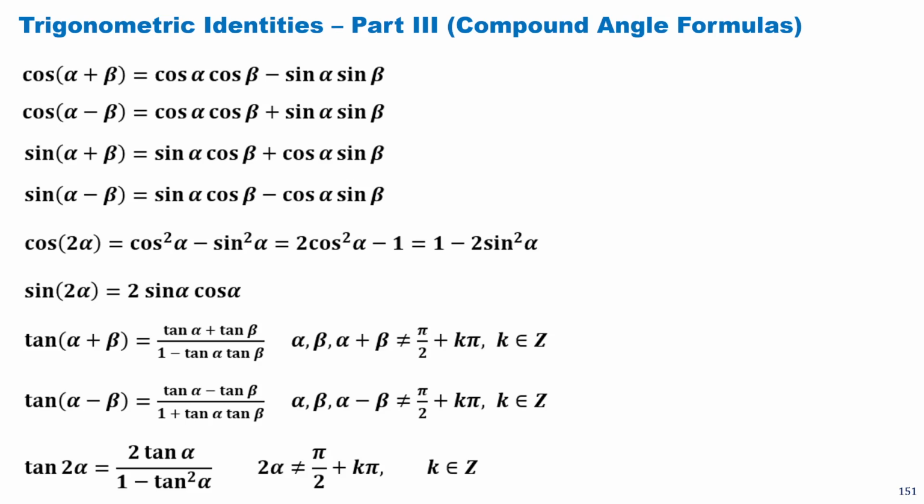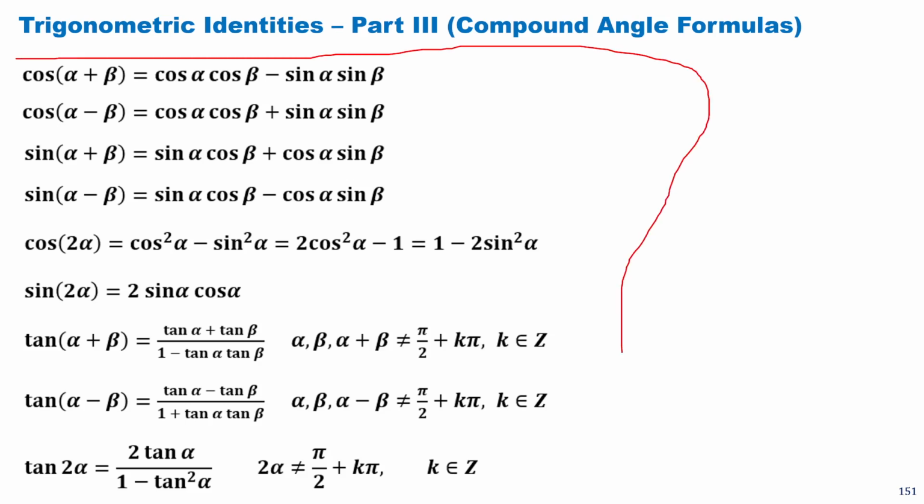Make sure you know any one of them. Again, if you cannot memorize them, at least you should know how to get each of these identities by yourself.